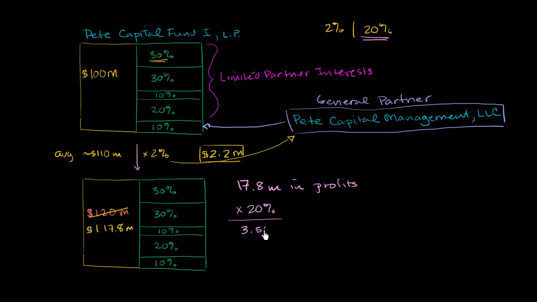So 3.56 million will also go to Pete Capital Management. So not bad. This year he made almost $6 million, and that's probably going to go to him and probably 4 or 5 employees. So if someone performs well, it can be a very profitable business.